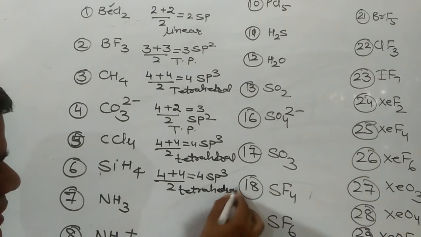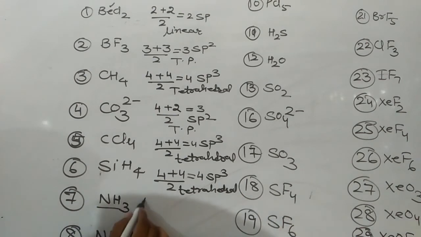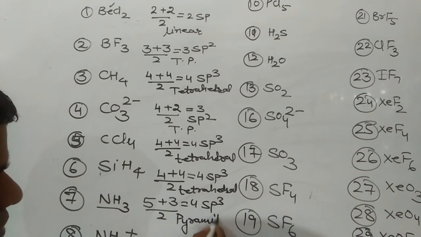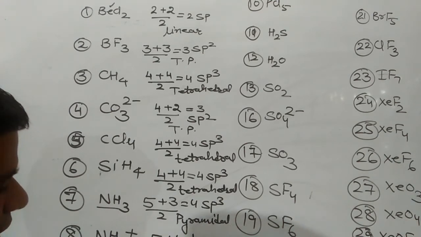For ammonia, there are 5 valence electrons of nitrogen plus 3 monovalent atoms upon 2, that comes out to be 4, sp3, but shape will be pyramidal due to one lone pair. For the ammonium ion, 5 plus 4 minus 1 upon 2, that comes out to be 4, sp3 tetrahedral.